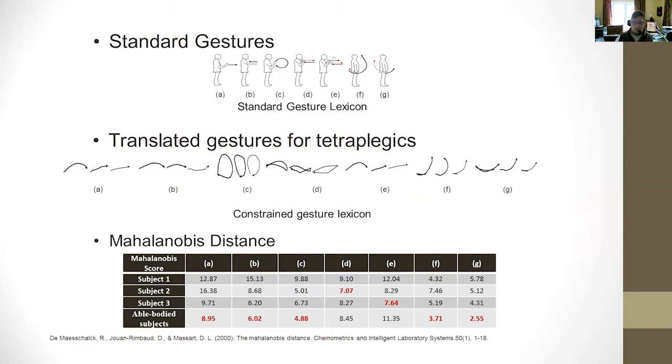If you're doing a circle in the air, it's going to be more oval or lopsided. So we could create a lexicon based on these idiosyncratic movements of this group of individuals to create a whole new gesture set that could then be reintegrated into existing programs that recognize these standard gestures.